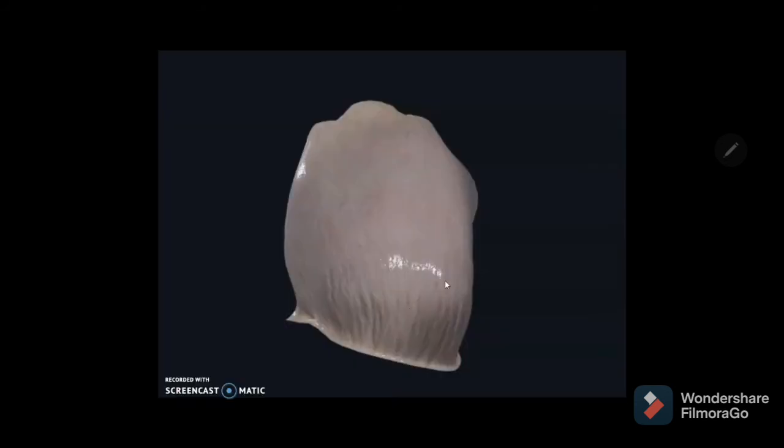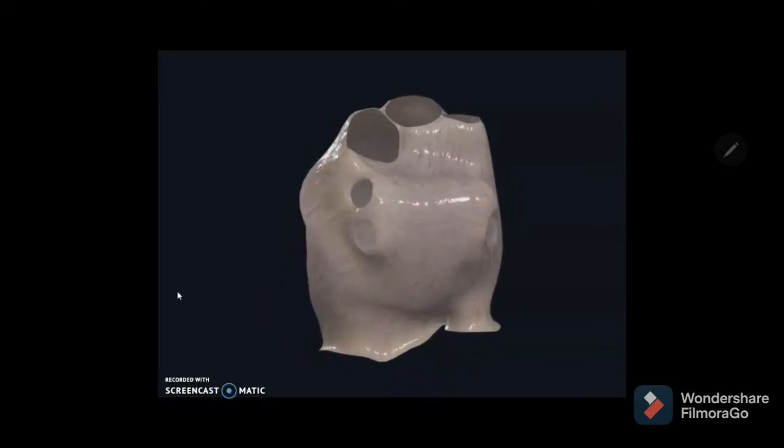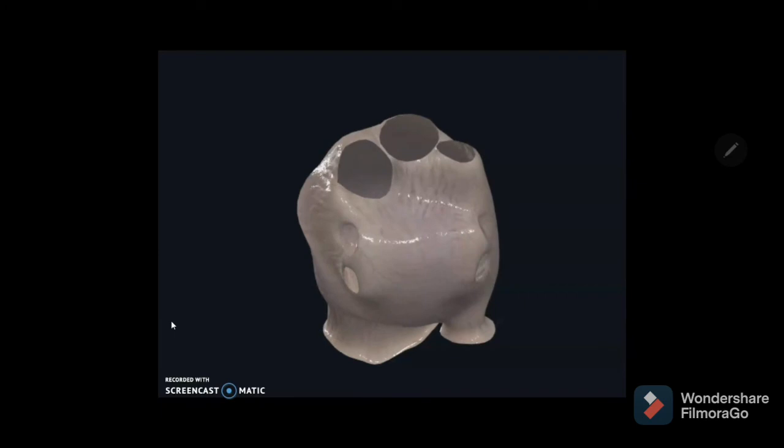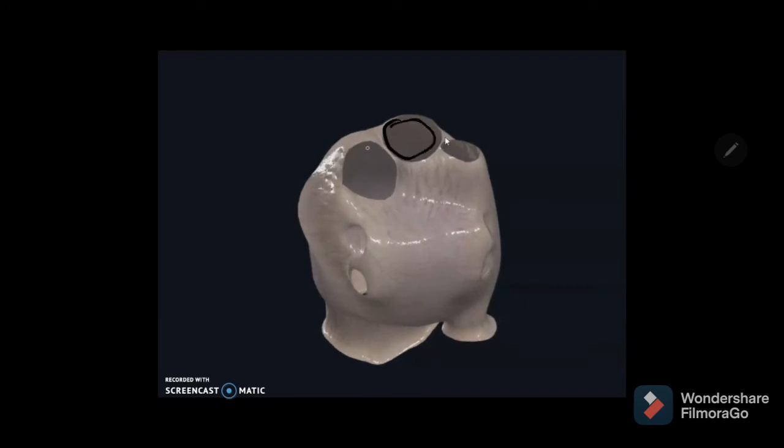You can see in this fibrous pericardium the ascending aorta, pulmonary trunk and superior vena cava. Here you are seeing the 4 pulmonary veins, and this is the transverse sinus.